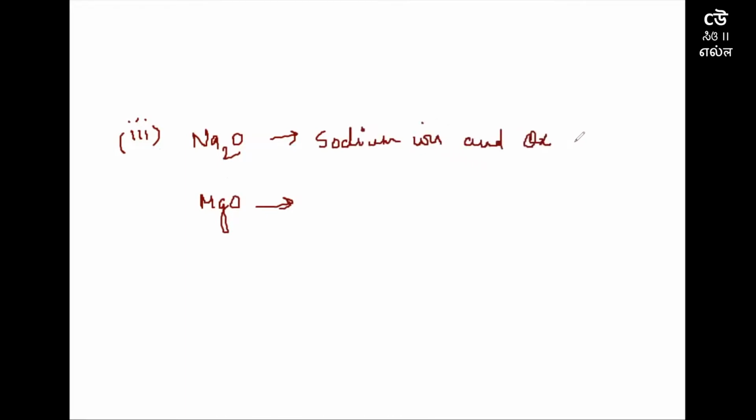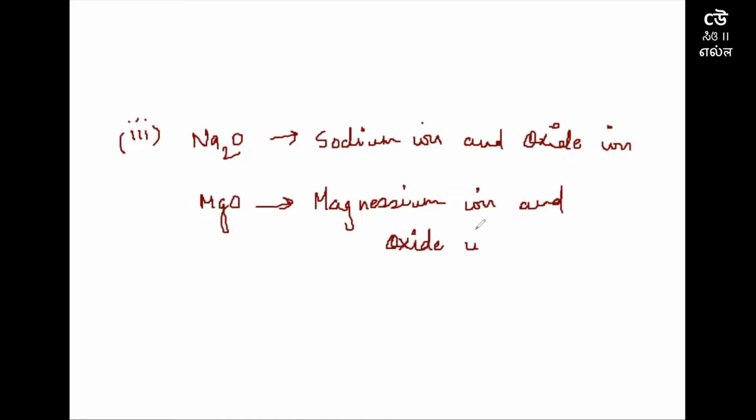The question says, what are the ions present in these compounds? यानी अगर सोडियम ऑक्साइड फॉर्म हो रहा है या फिर मैग्नीशियम ऑक्साइड फॉर्म हो रहा है, सो इस केस में आयंस कैसे होने वाले हैं? सो वी कैन आंसर दिस क्वेश्चन बाय सेइंग कि सोडियम ऑक्साइड के केस में सोडियम आयन and oxide ion will be there, and in case of magnesium oxide, magnesium ion and oxide ion. So this is how we can answer this question.